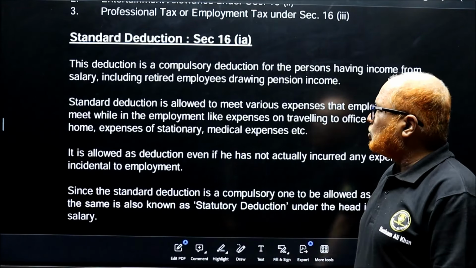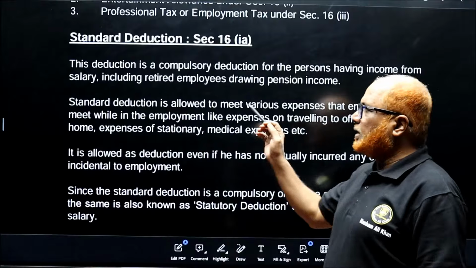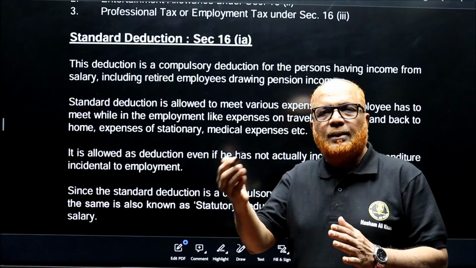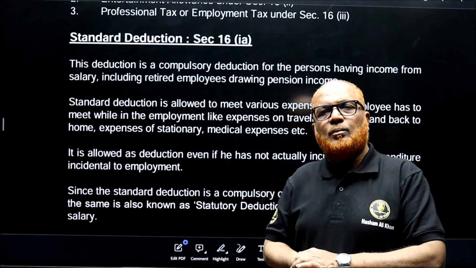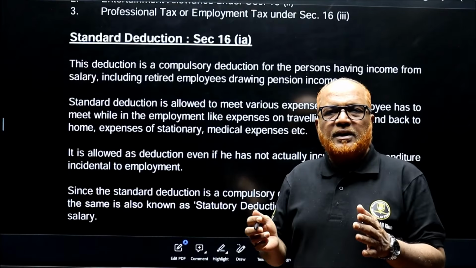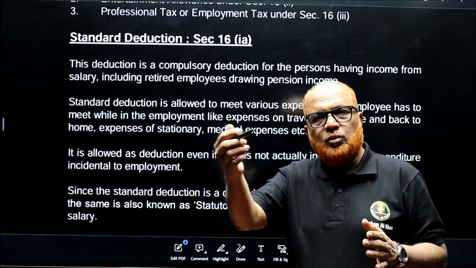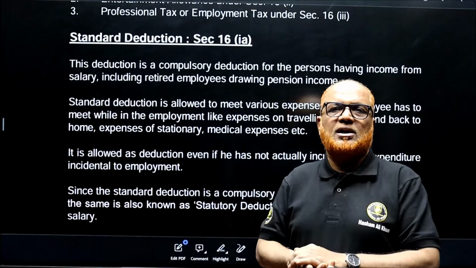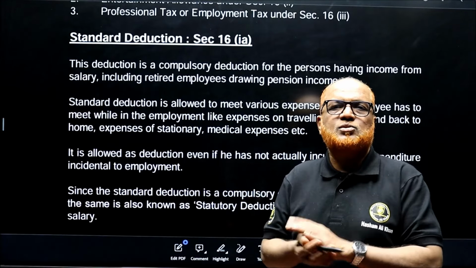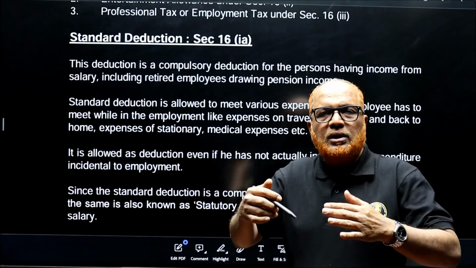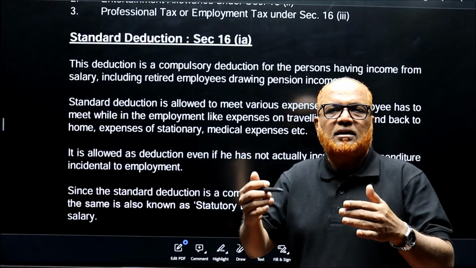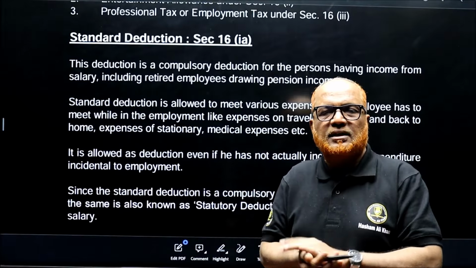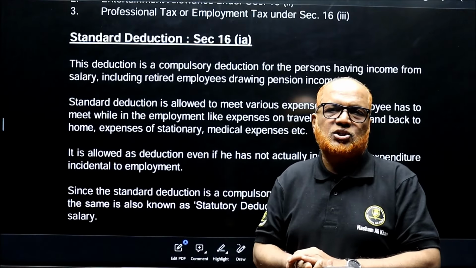Standard deduction is allowed to meet the various expenses that an employee has to meet while in employment. When a person is in employment, he has to incur a number of expenditures, like going from home to the workplace and coming back. Similarly, he has to purchase some stationery and incur some medical expenses. These are all expenses incidental to employment. To meet those incidental expenses, standard deduction is given.